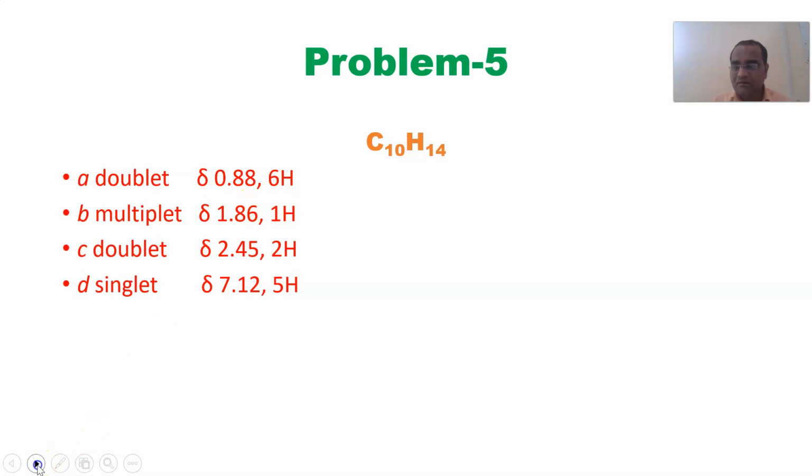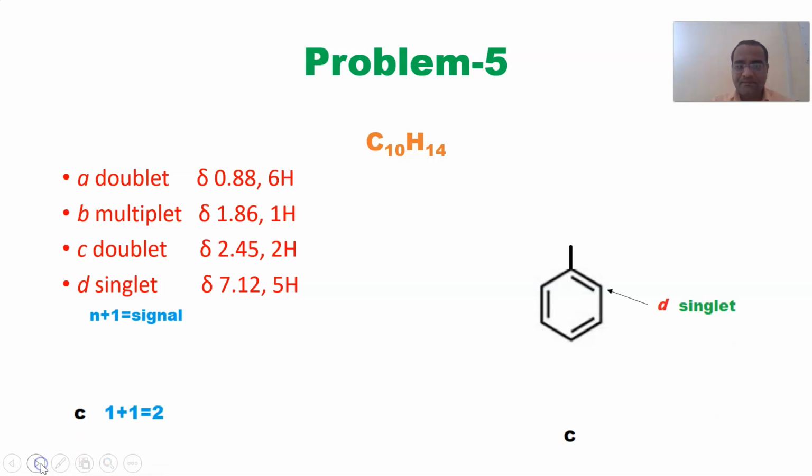Now we will look at the signals one by one. Firstly, draw a benzene ring as per the D signal, which has 5 hydrogens, that is, it has been substituted. Now we come to the next signal, the C signal. See, the C signal has 1 plus 1, it means the adjacent carbon has only 1 hydrogen. So the adjacent one should be this one, right? From the data it can be understood that the adjacent carbon has only 1.